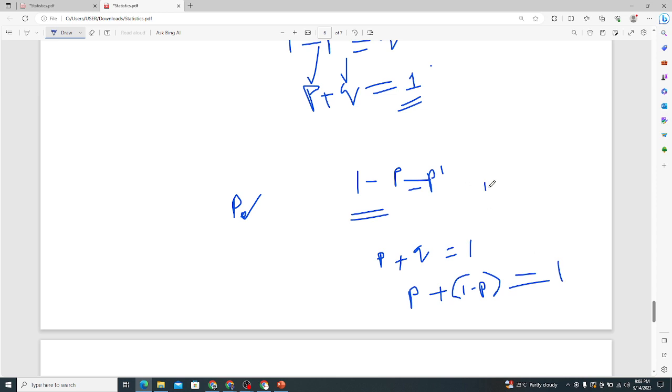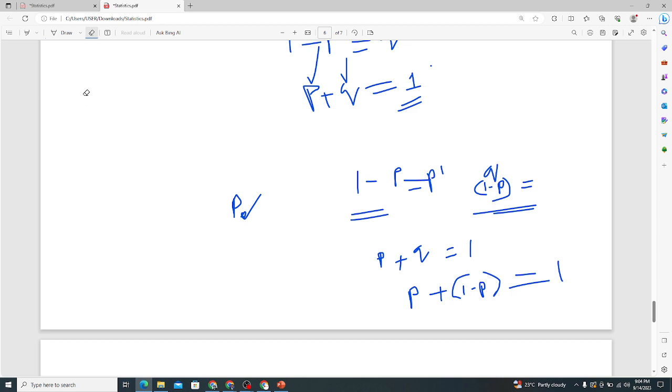So 1 minus p should be equal to p minus 1? Sorry, this conclusion is not correct.